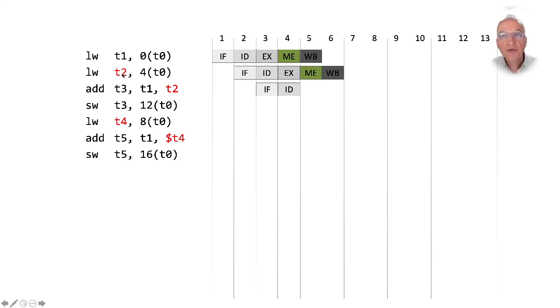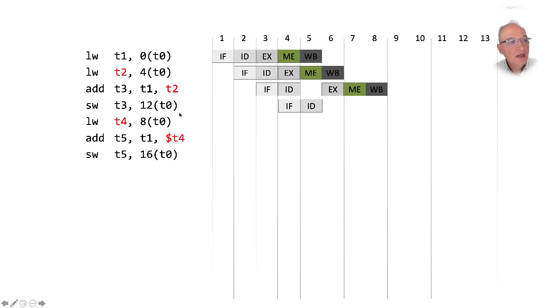The value of T2 is only available after the memory stage of the second load instruction has completed. Therefore, there will be a delay of 1 cycle here where the add has to wait because there is a data hazard.